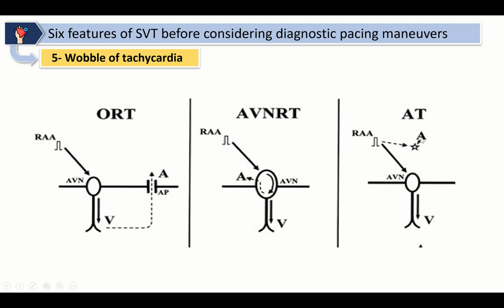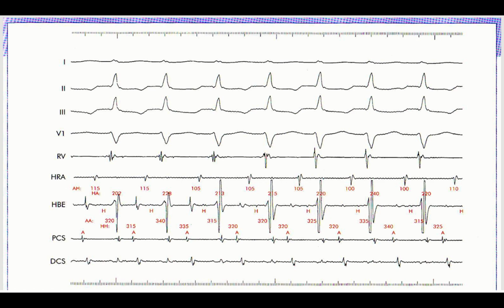But in atrial tachycardia, it's a different story. Why? Because the impulse goes through the AV node, ventricular activation, then we have to wait for the next atrial focus to fire. That's why the VA time is not fixed. Usually it changes with each cycle length. So a fixed VA interval excludes atrial tachycardia 100%.